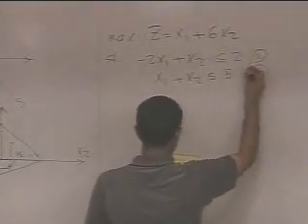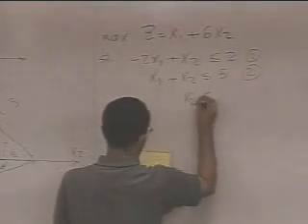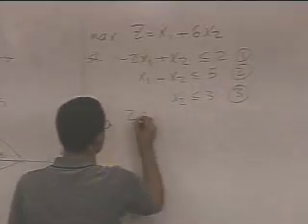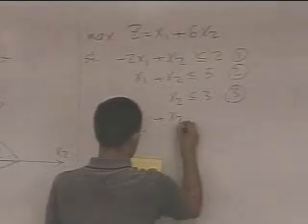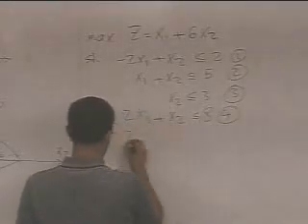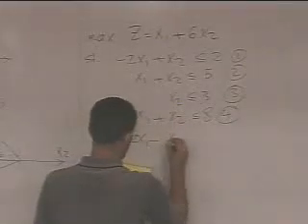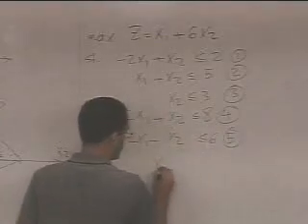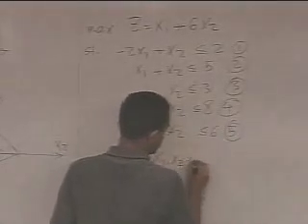I call it 2. x2 is less than or equal to 3. I call it 3. 2x1 plus x2 is less than or equal to 8. I call it 4. And 2x1 minus x2 is less than or equal to 6. I call it 5. And x1, x2 are greater than or equal to 0.